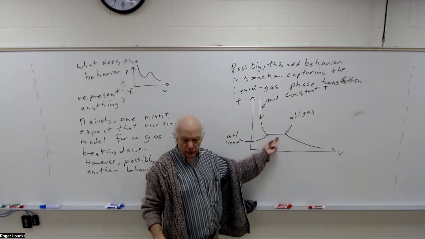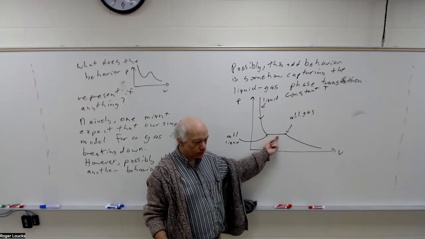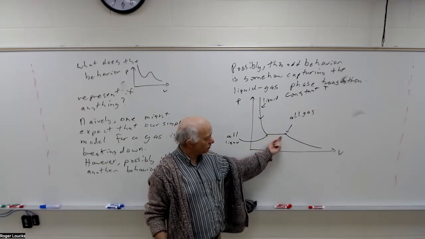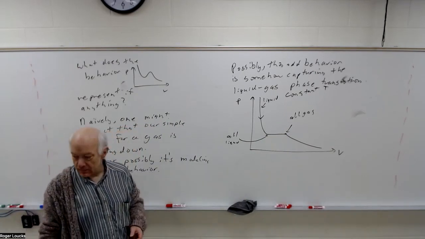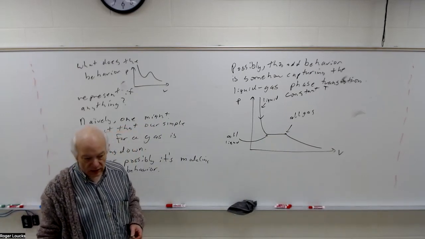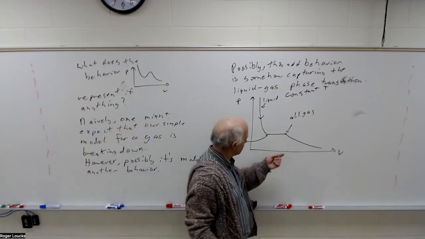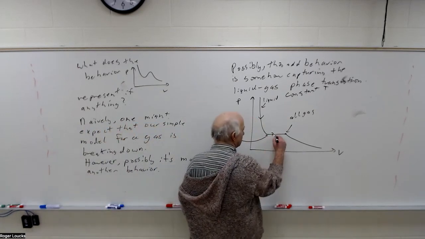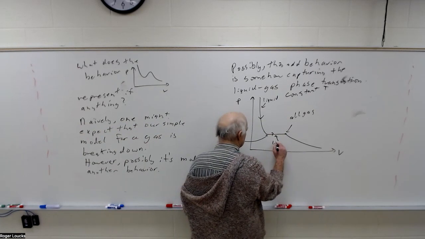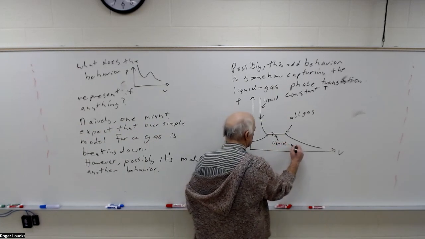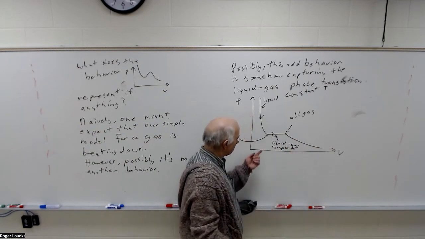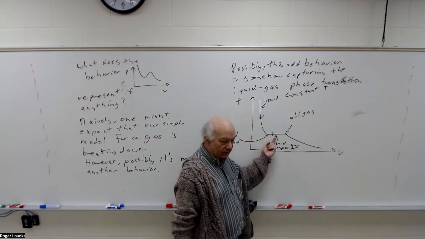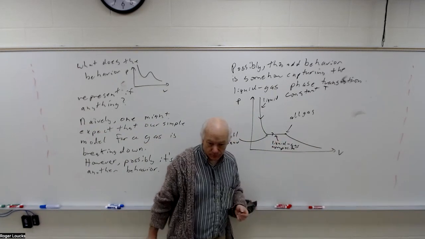What's going to happen in this flat region as we go along here? If I ask about the composition along here, what's going to happen? Here it's all liquid, here it's all gas. As you go along here, you basically have a liquid gas composite. As you go along, you get less and less liquid and more gas.